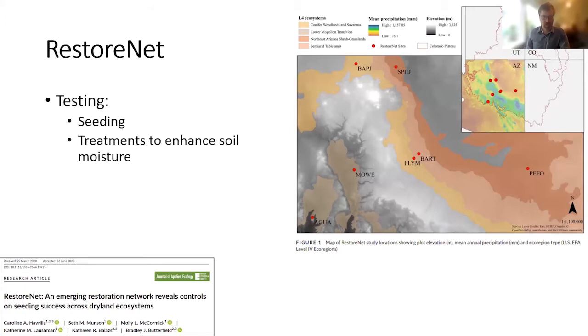And again, they're working in multiple sites that span large gradients in terms of which ecosystems they're in, how much precipitation they receive, what elevation they're at, et cetera. And doing the same thing at multiple sites allows you to come up with much more robust conclusions, and conclusions that are more widely applicable than you would ever get if you focused all of your efforts on a single site.